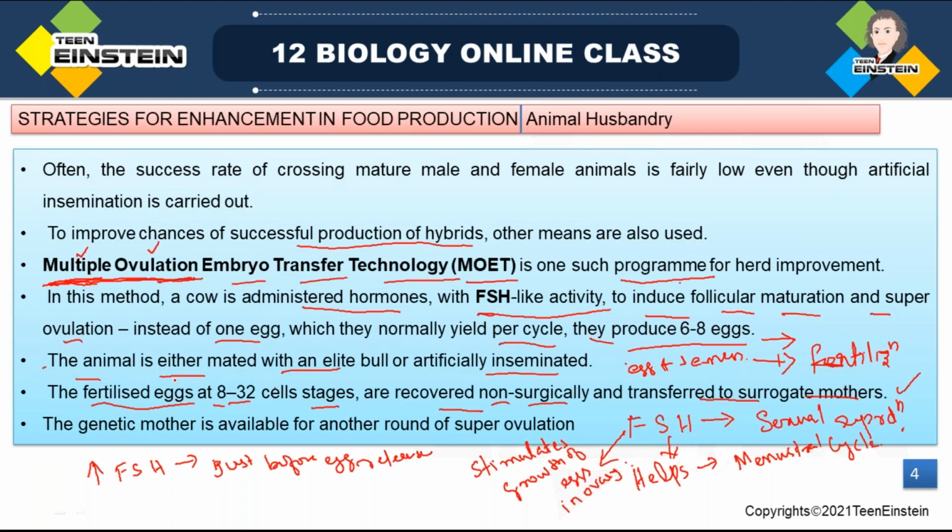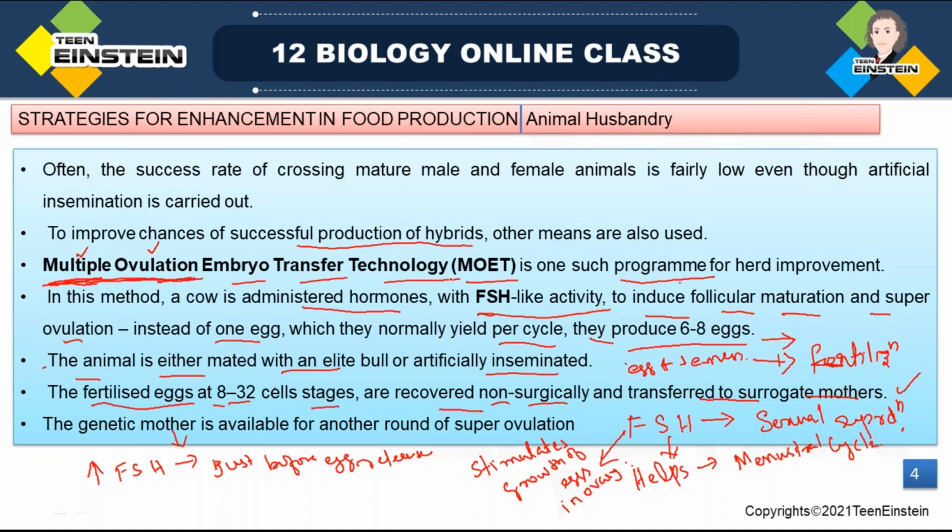Again follicle stimulating hormones will be given, the follicles get stimulated, and they will produce 6 to 8 eggs; again insemination is done and fertilization takes place.